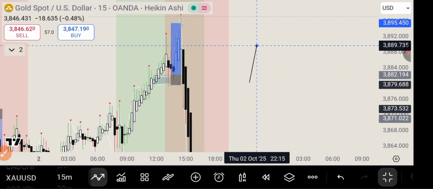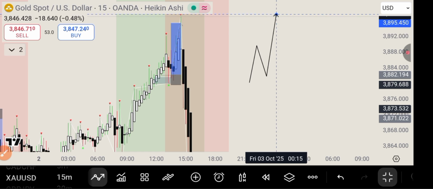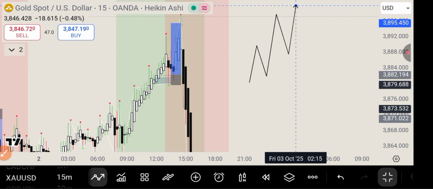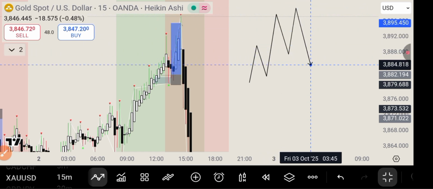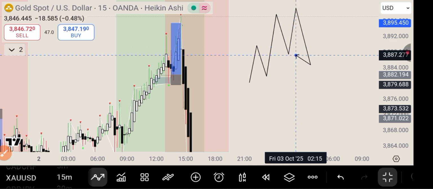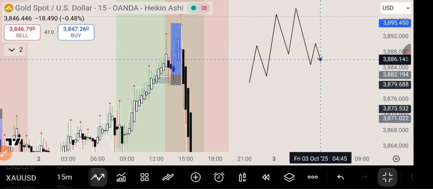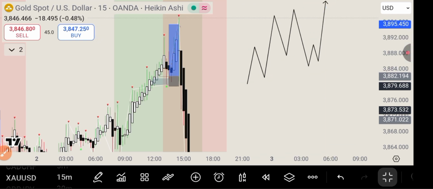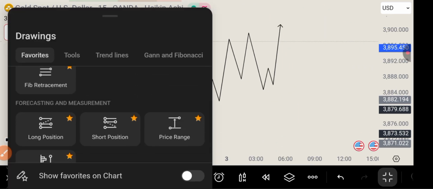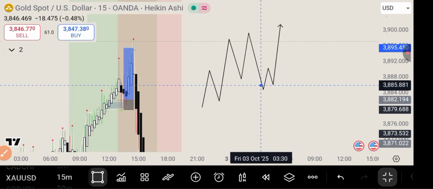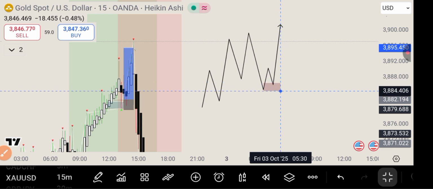Let's say this is the break of structure. I'm giving you a glance of my confirmation entry. Price will grab liquidity, break structure, grab liquidity, then give me a confirmation. This right here is a confirmation for me. This is one of my confirmation setups.